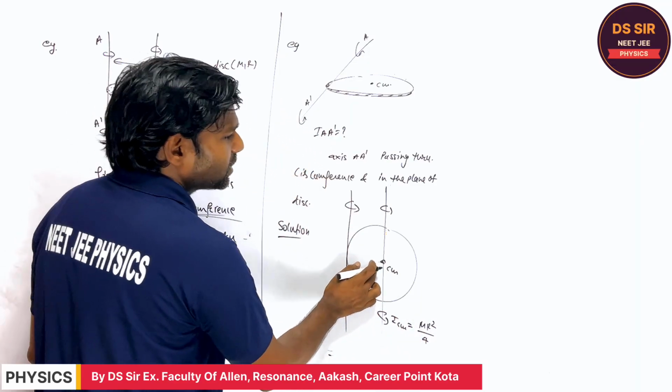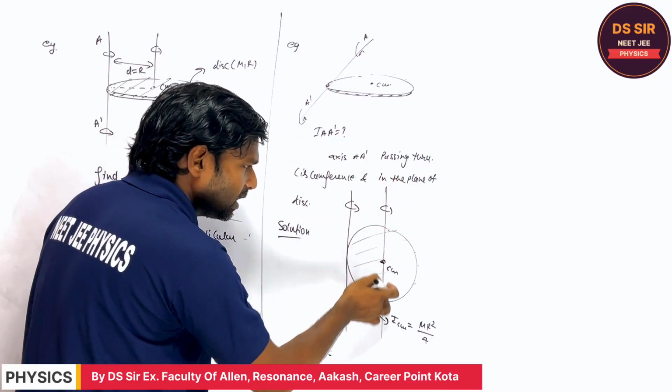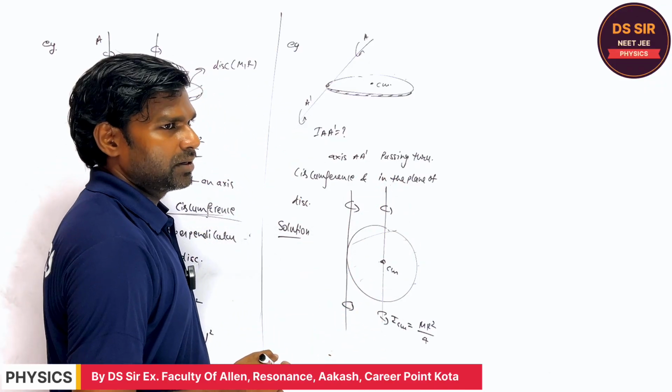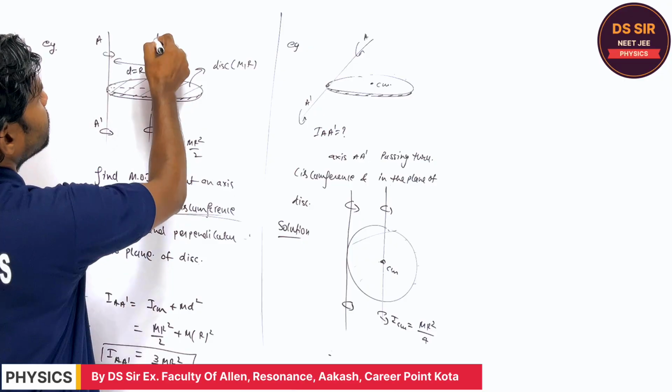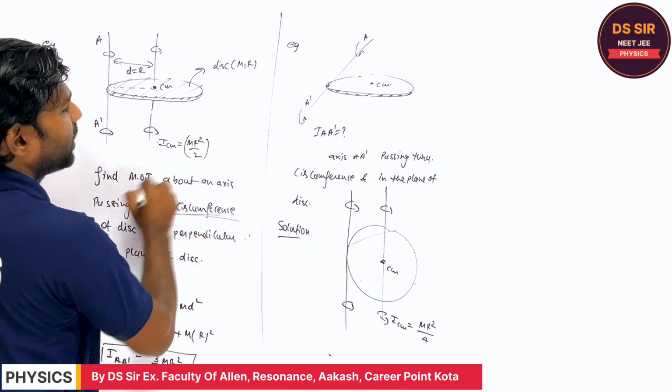This is the moment of inertia about the diameter, and this is the diameter passing through the plane. And this is the moment of inertia about the axis passing through the center of mass and perpendicular to the plane, MR square by 2.